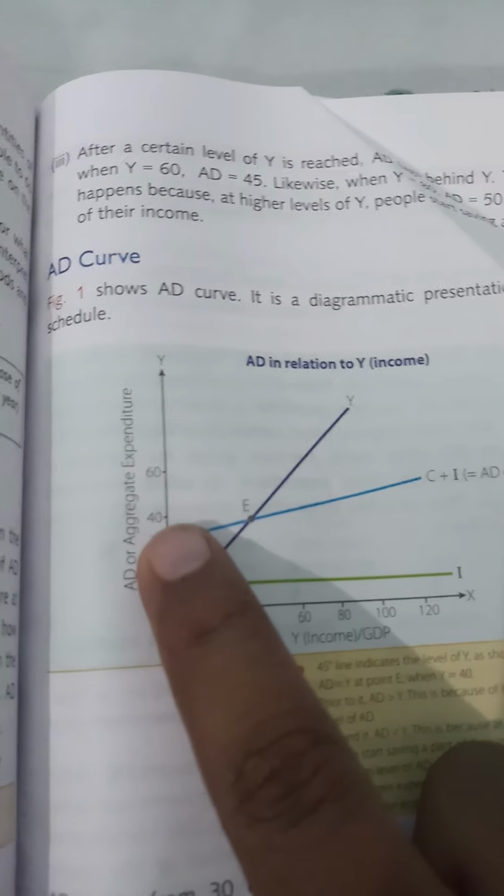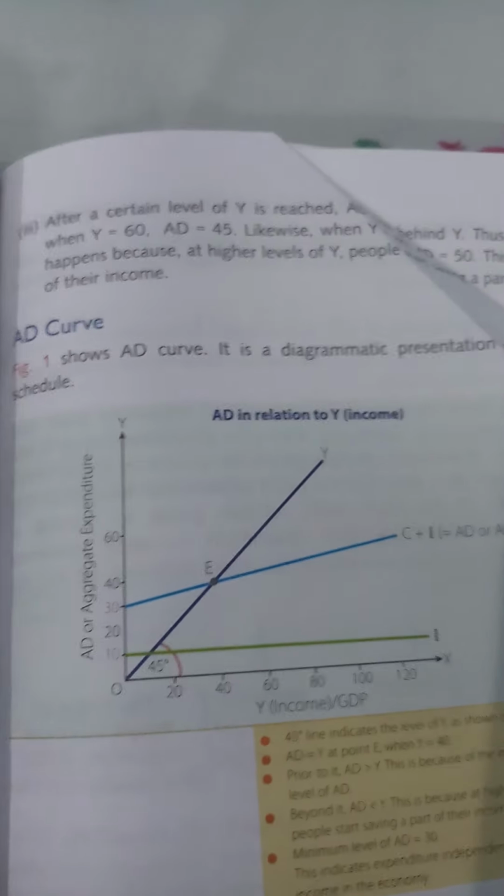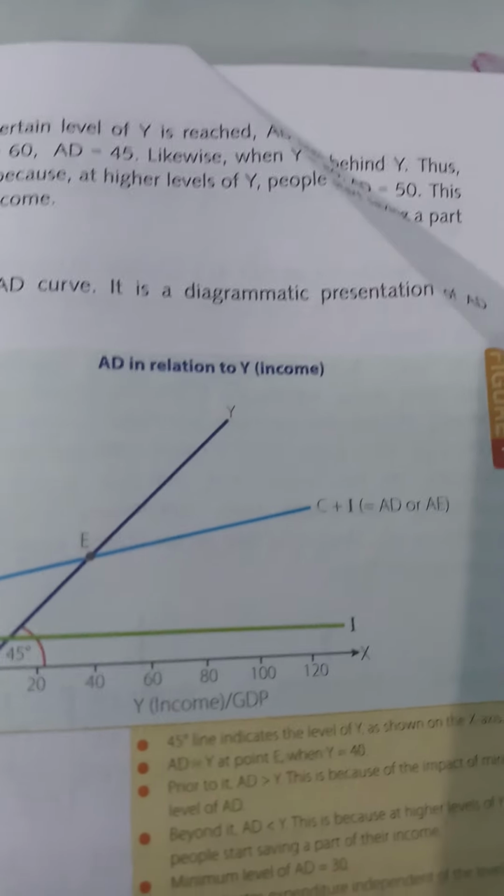Now see, after this point, this portion is called the right hand side of the graph, and this portion is the left hand side of the graph. You can clearly see that before this point, income is below while AD is above the Y line. After this point, income is above and AD is below the Y line.